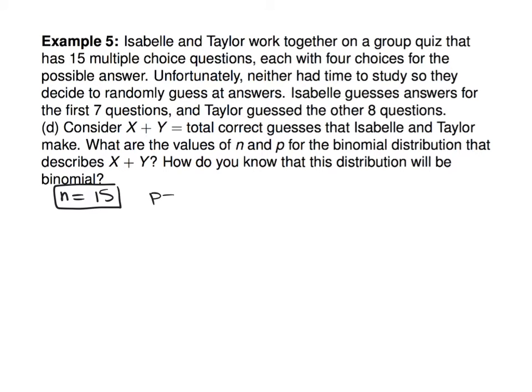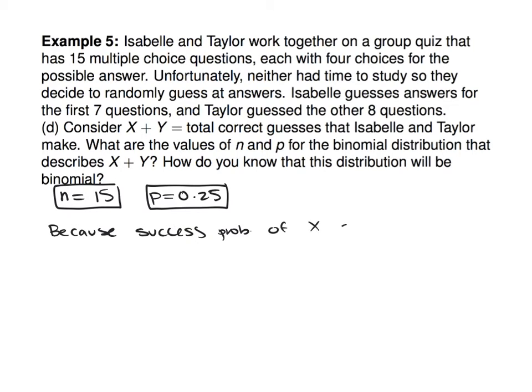And probability of success is 0.25. And how do you know this distribution is going to be binomial? It's because the success probabilities of x and y are both 0.25, they're both the same. So in this case, we will get another binomial random variable.